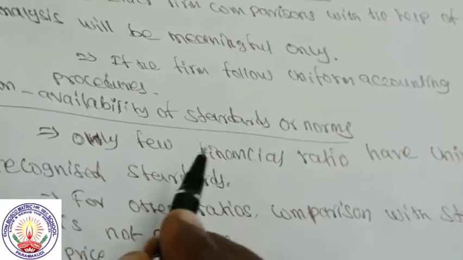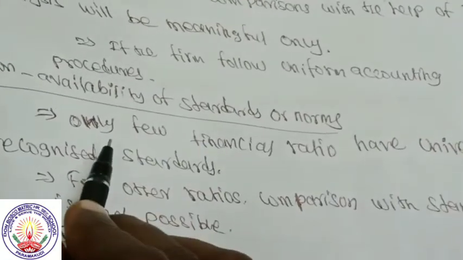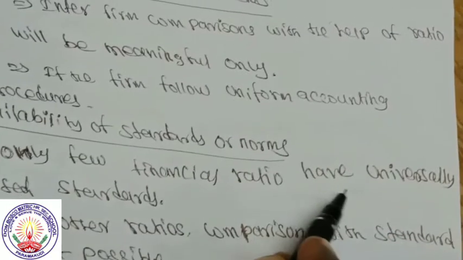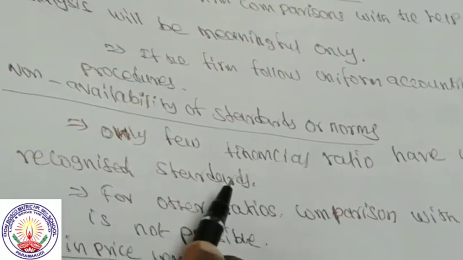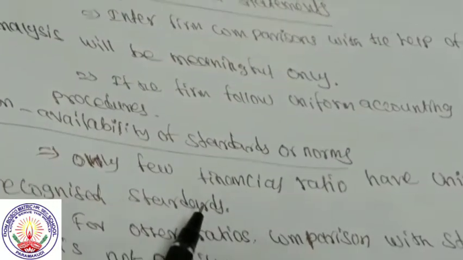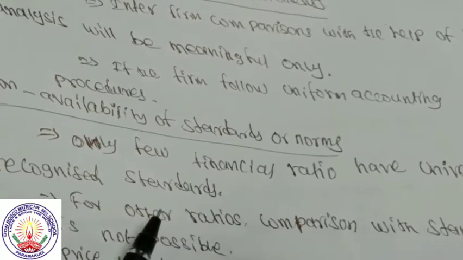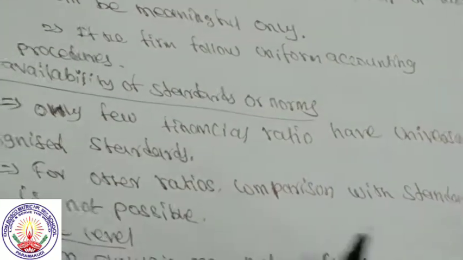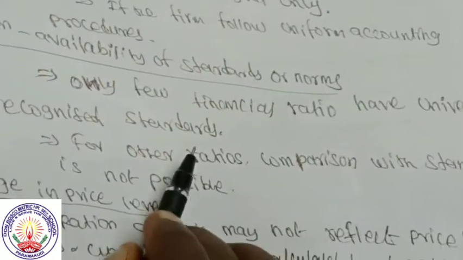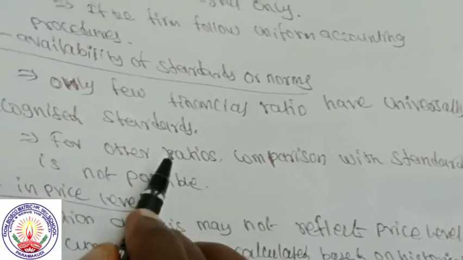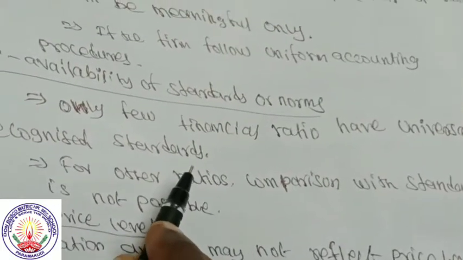Norms means rules and regulations. Only a few financial ratios are universally recognized as world-level standards. Otherwise, comparison of ratio analysis with a standard is not possible.